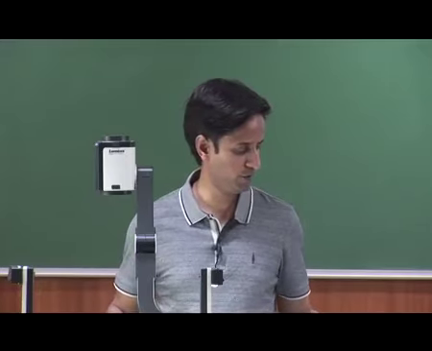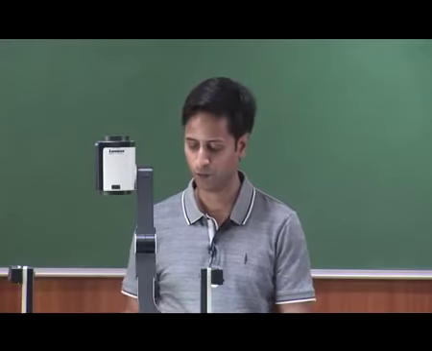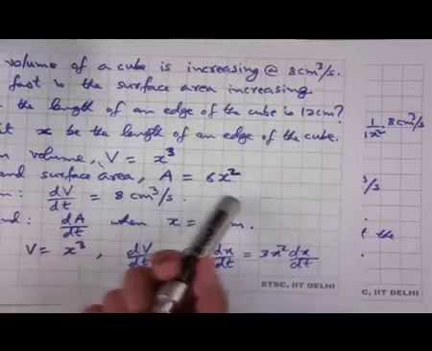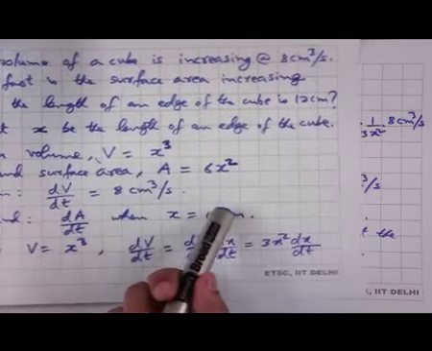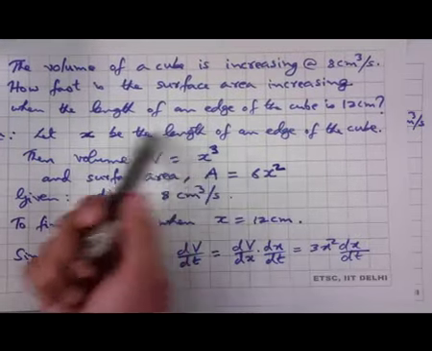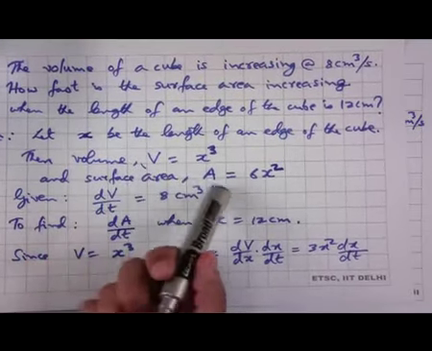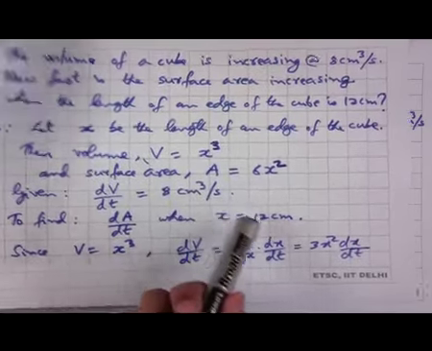So, in this problem we saw that we have two different quantities depending on x, and each depends on t. If we are given the rate of change of one quantity, we can calculate the rate of change of the other.